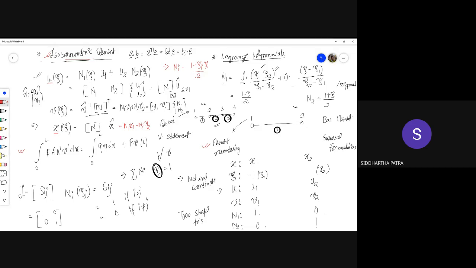Is this last expression understood? Yes, sir. Okay, so in the end, your shape functions look like this.